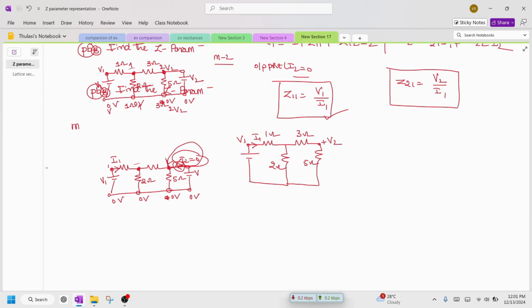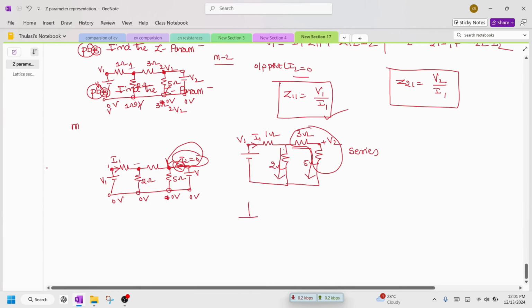You can see here the current I1 flows and gets divided across this branch and across these two elements, which are connected in series. When you look at this, you are going to get the network: V1 and a 1 ohm resistor.